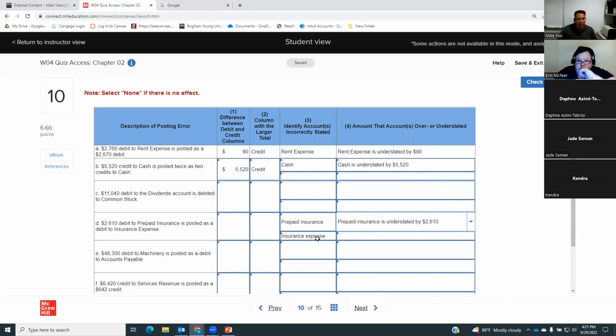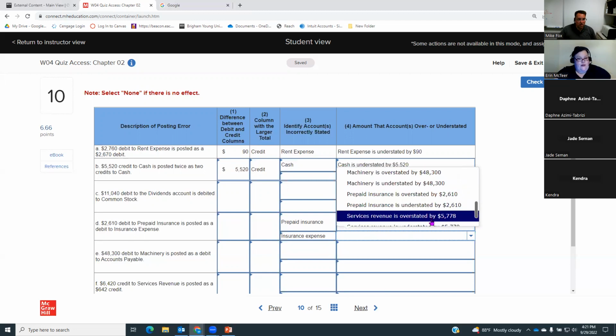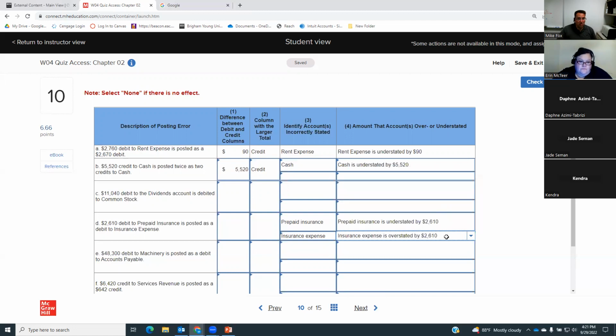And then insurance expense, which I wasn't supposed to debit, but I did. Expenses are also increased with a debit. So by debiting it when I shouldn't have, this one's going to be overstated. So that's how I would answer that one.